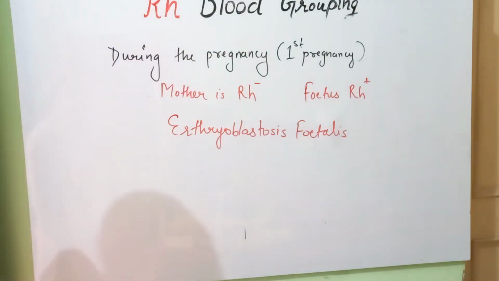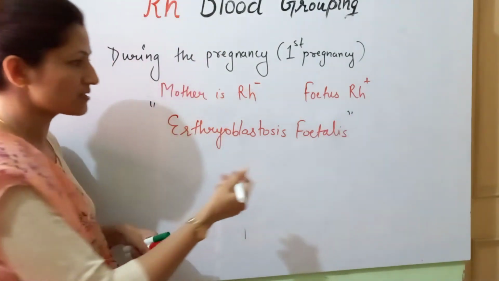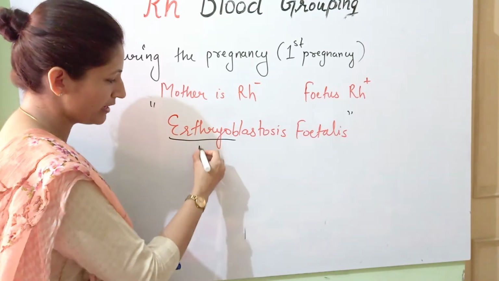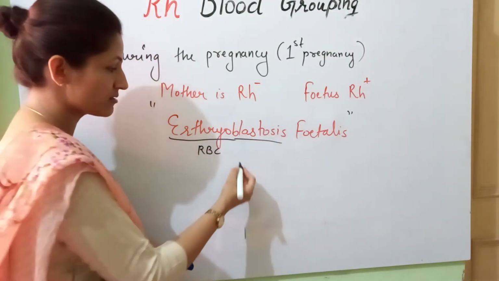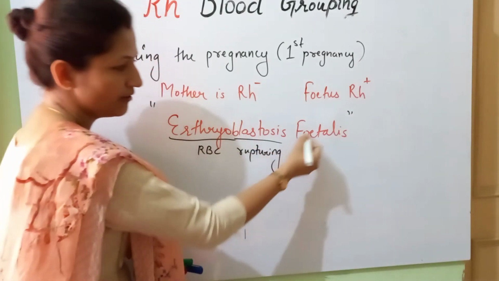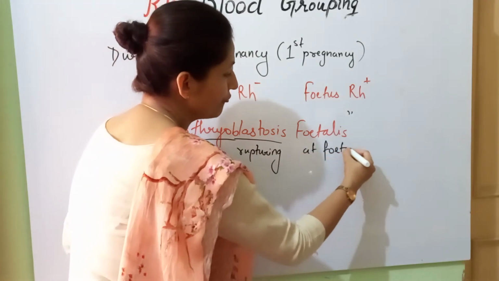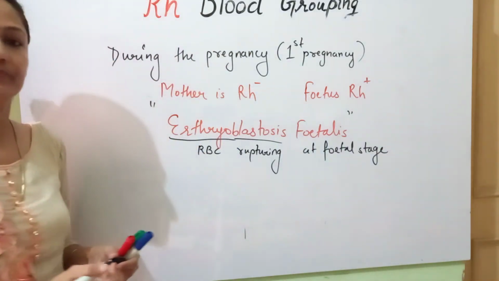Okay, this we are going to discuss over here. Erythroblastosis fetalis. It means what? Erythrocytes are red blood cells. Blastosis means rupturing, or blast hona. Fetalis means at the fetal stage or in the fetus.